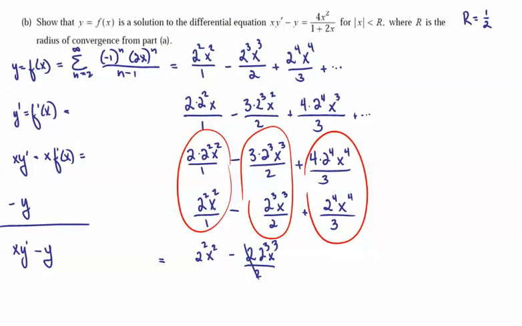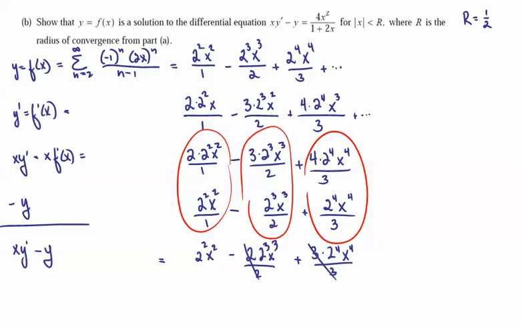Then we have 4 times 2 to the fourth x to the fourth over 3 minus 1 times 2 to the fourth x to the fourth over 3, and that leaves us with 3 times 2 to the fourth x to the fourth over 3.